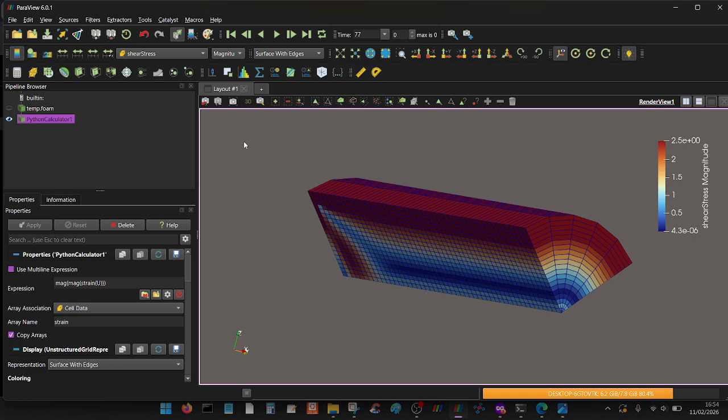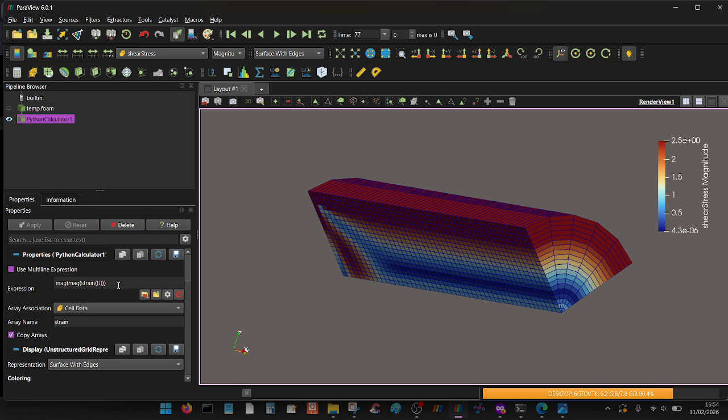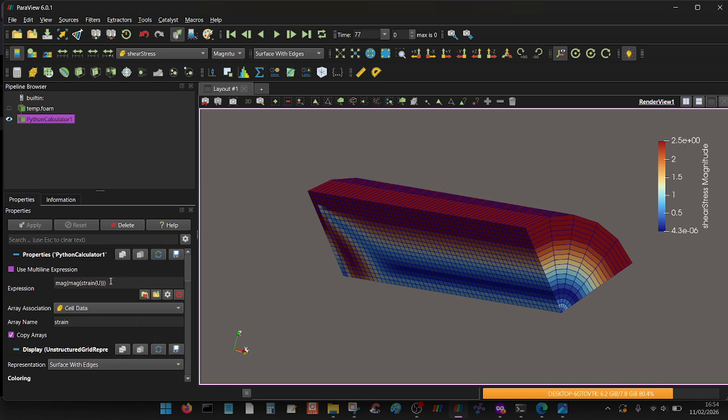And then if you're interested in the strain rate, I've done that post-processing using the Python calculator, and in the Python calculator I've put in mag strain velocity. So that's the strain function that's already in the Python calculator, of the velocity.